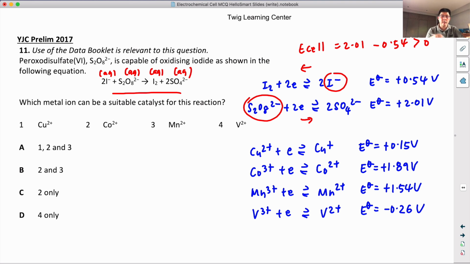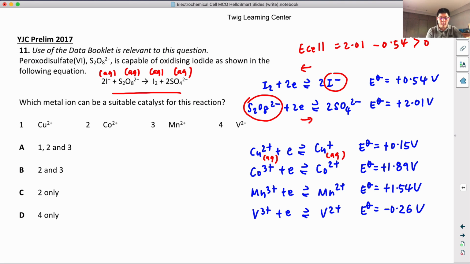Since the reactants are all aqueous, these homogeneous catalysts must also be aqueous. So I've chosen this equation, and you can see that this is aqueous and this is aqueous also, right? I didn't choose the one that gives you copper metal, Cu, like Cu2 plus becomes Cu. I chose the one that becomes Cu plus, all right? Both sides must be aqueous. Okay, let's see how it works.